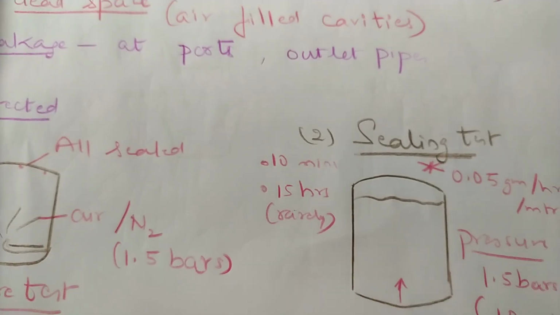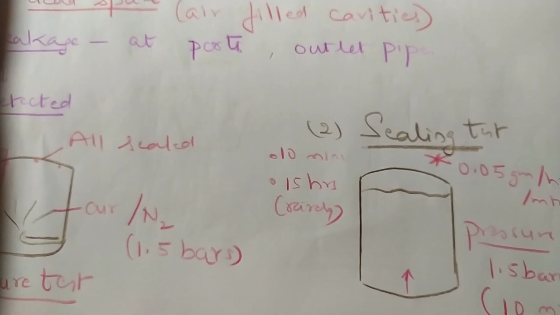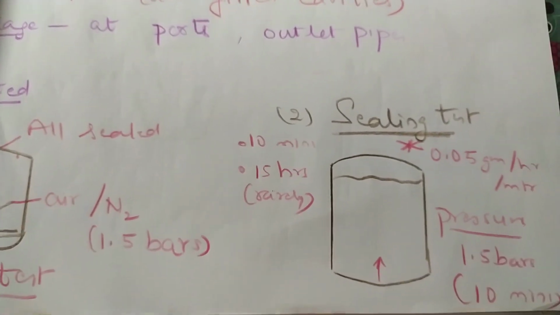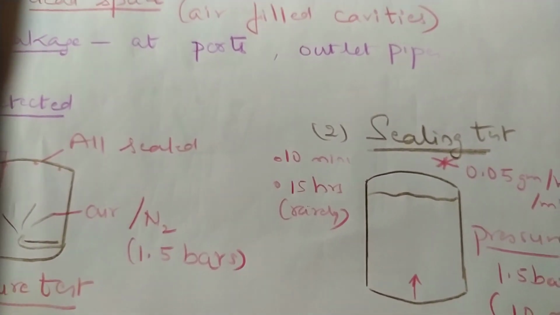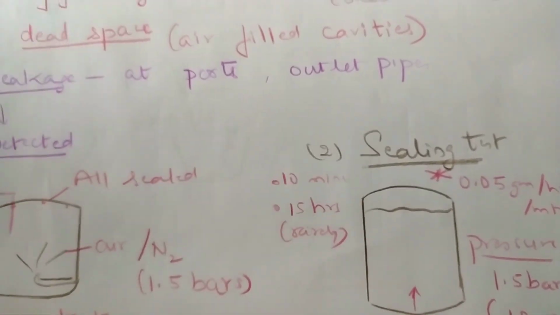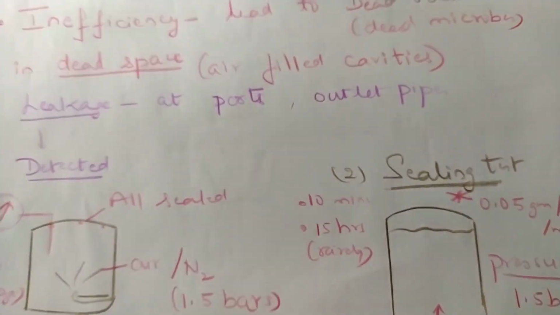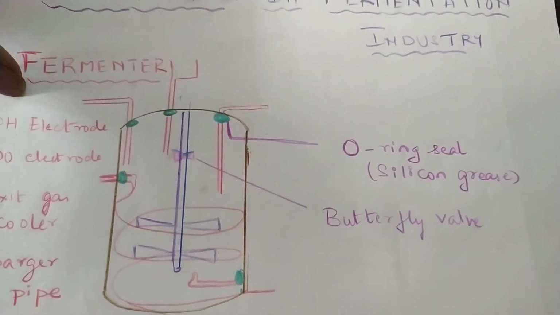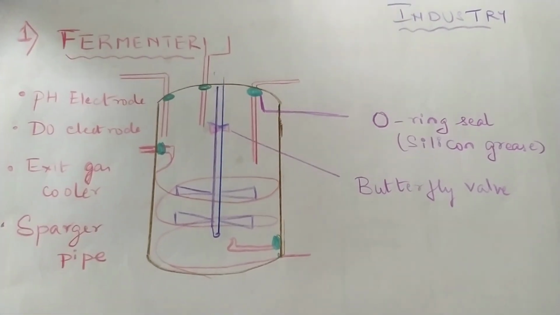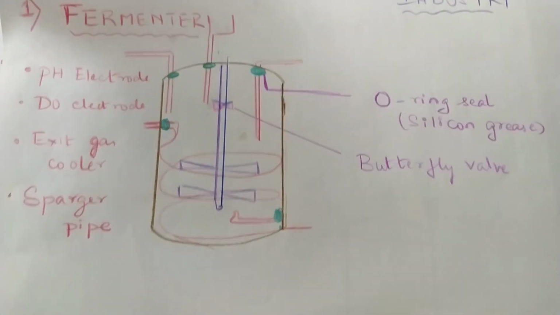To conclude today's session, please remember sterilization is a very important part of the industry, where we have to sterilize the various areas. For example, the O-ring seal is going to prevent any contamination.